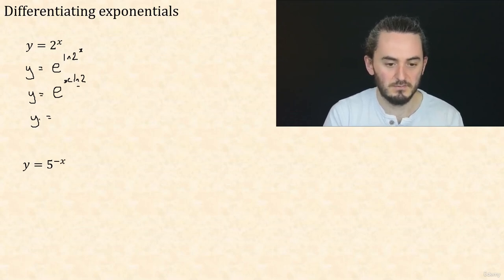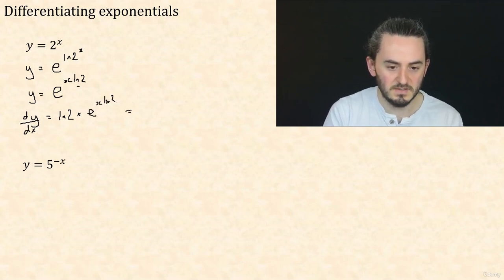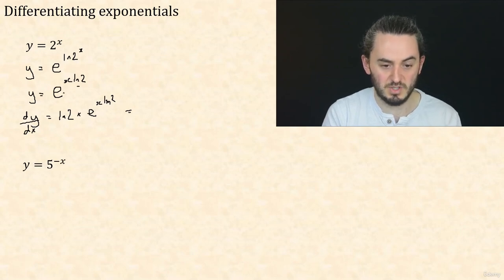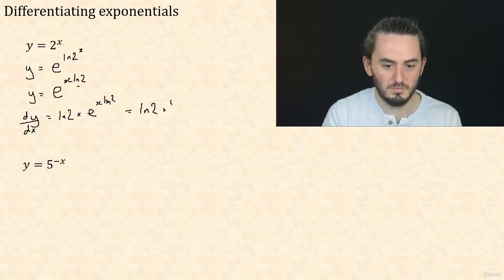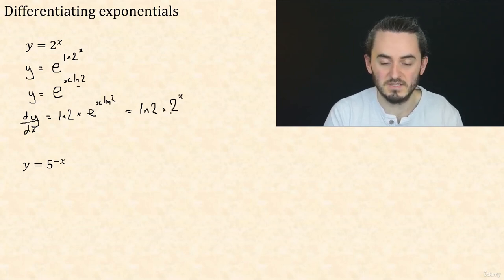So the derivative, dy by dx, is simply my coefficient here, ln 2, multiplied by e to the x ln 2. But what was e to the x ln 2? Well, it was just a clever way of writing 2 to the x. So what I've got is ln 2 multiplied by 2 to the x.